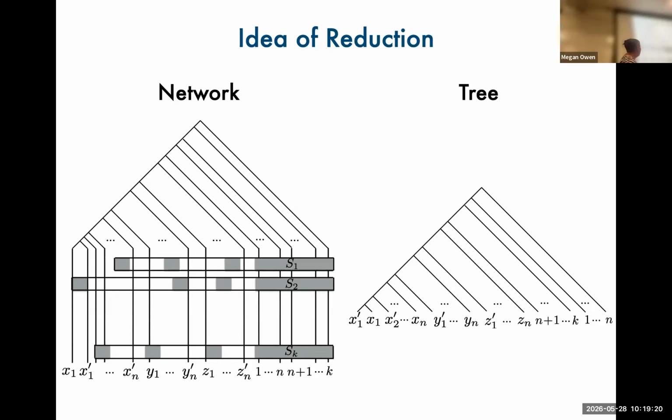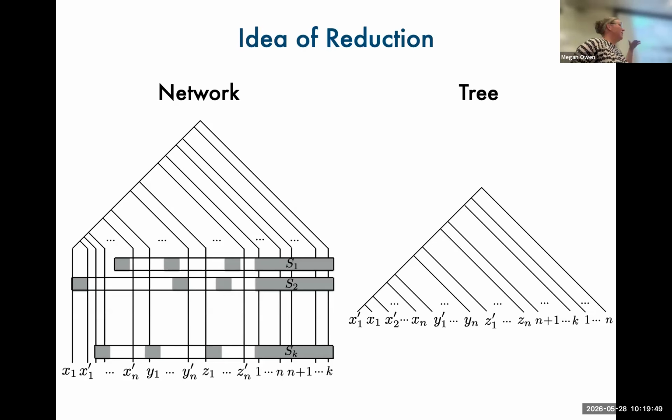It doesn't show, but here I would then have X2, X2 prime, and over here I have X2 prime first and then X2. So to get my tree to fit into my network, I have to switch each of these pairs. This is a base tree, and the idea is that the sets are going to have some weaving between these threads coming down, and I have to somehow switch all my pairs as I go up.